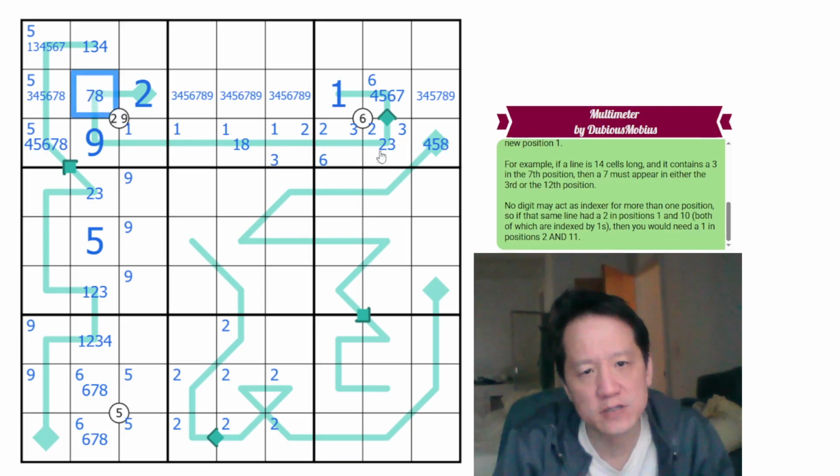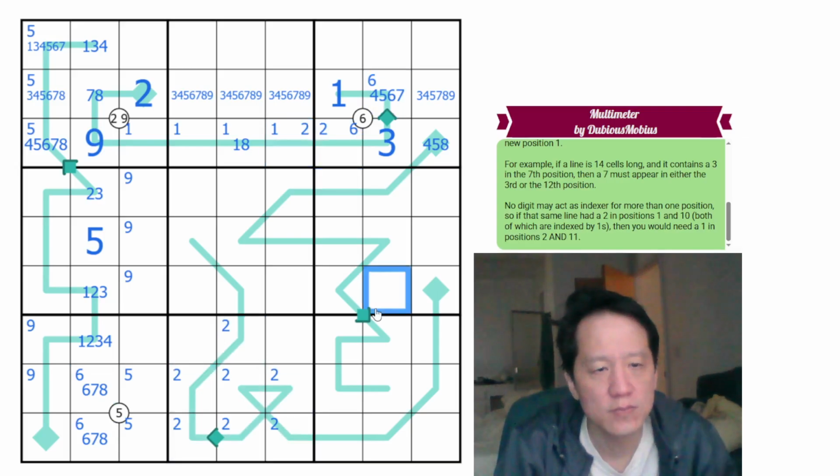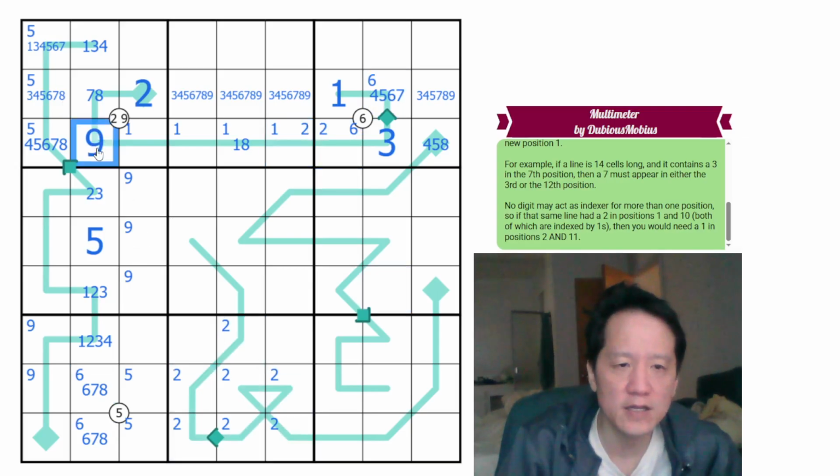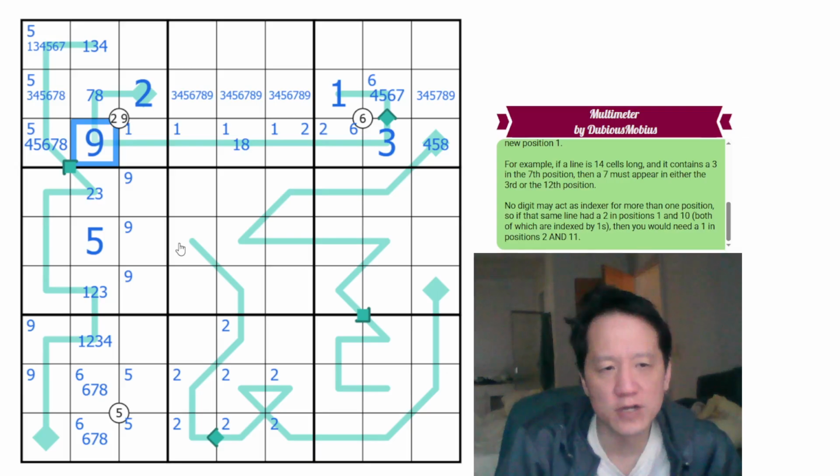This is 7 or 8. So this has to be a 3, which means this cannot be 3. Right, because it's saying in the 9th spot there has to be the P digit, which is the positioning, which is 3. So that's 3. So this is the only place for 9 here. This is 3.